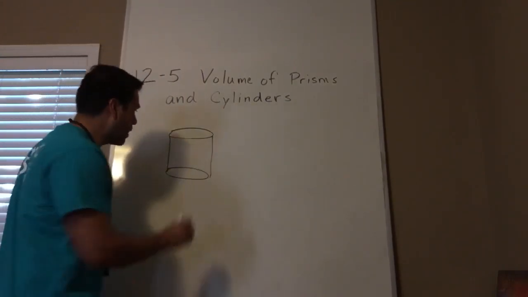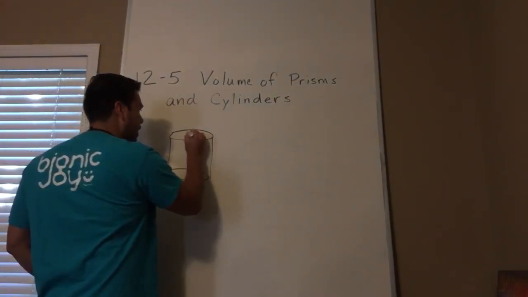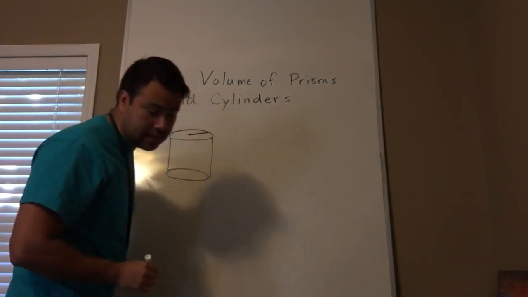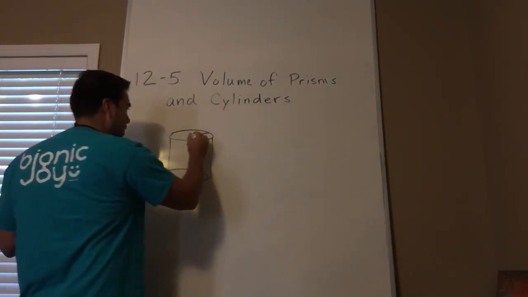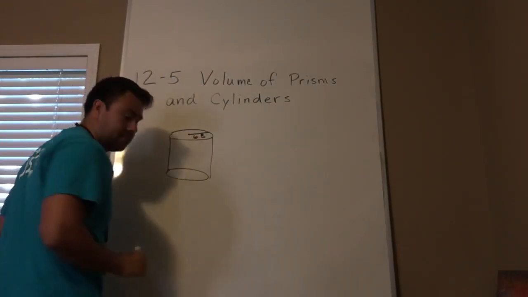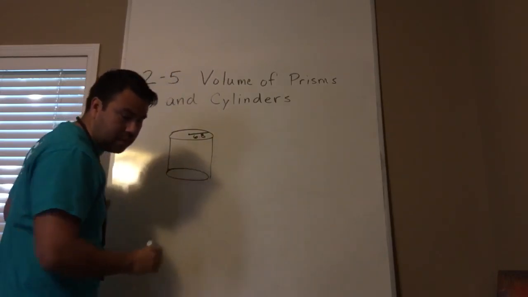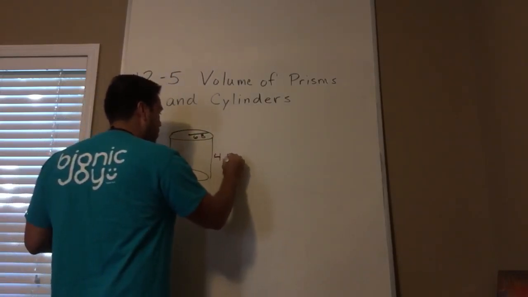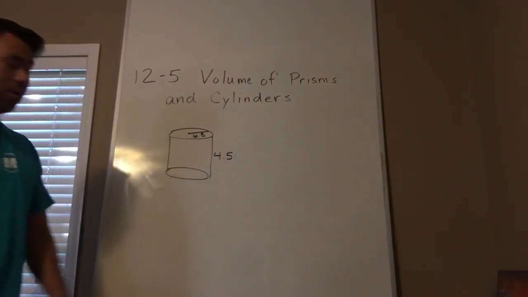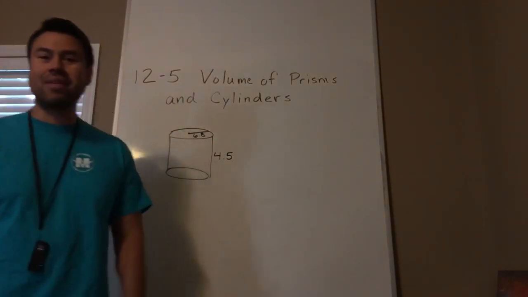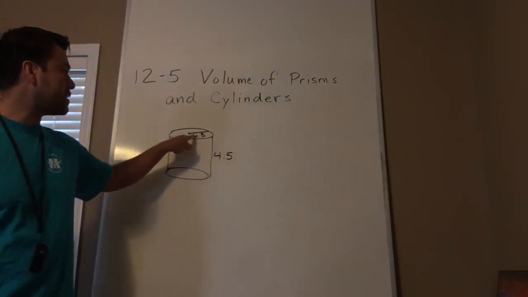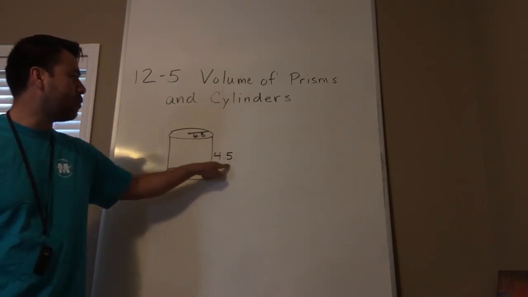So let's figure this one out. You'll get a little dot there in the middle, and then the radius in this one is 6.8, and the height is going to be 4.5, which my diagram does not show at all. It's terrible, by the way. Anyway, I know it's hard to see, but that's 6.8 and that's 4.5.